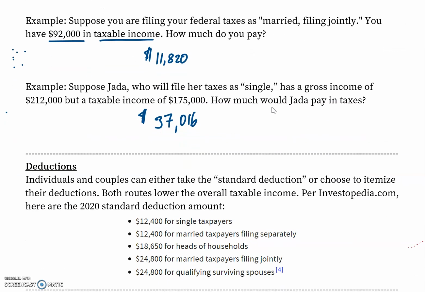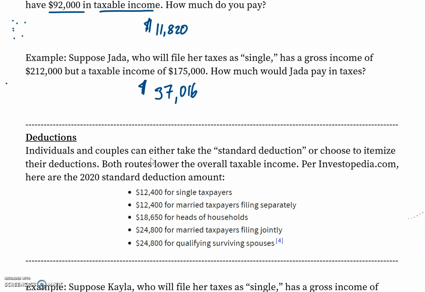All right. Deductions. Let's get into some deductions. So a lot of times people will just take the standard deduction. This is an amount that you can subtract from your gross income, your total income, to basically lower your taxable income. You can also itemize.